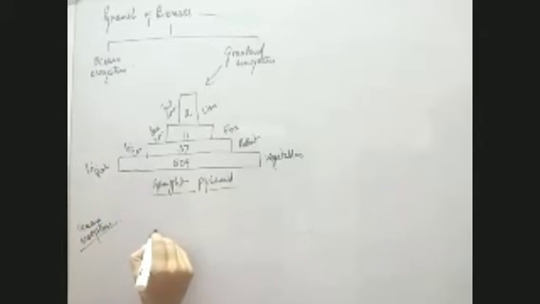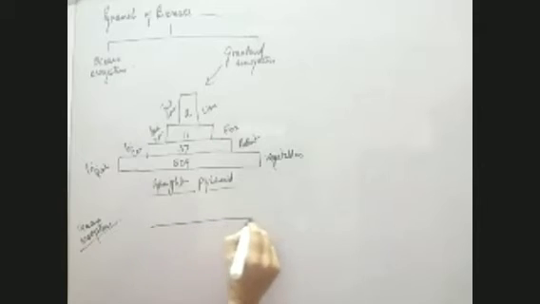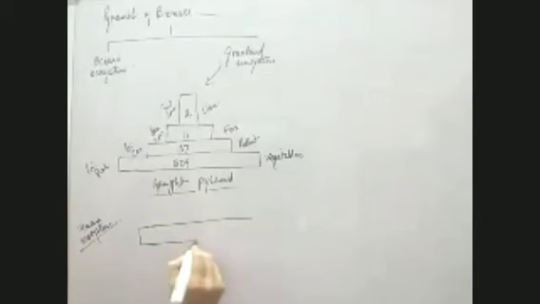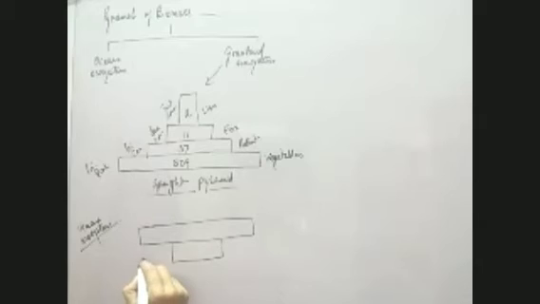We have a pyramid which is like this, and another like this. So here we have the primary producer, and this one is the primary consumer.